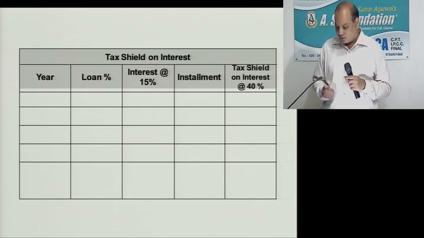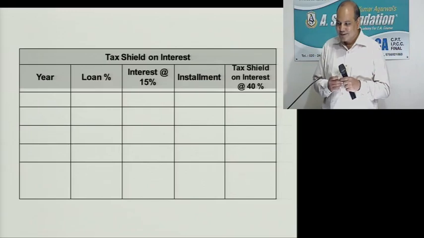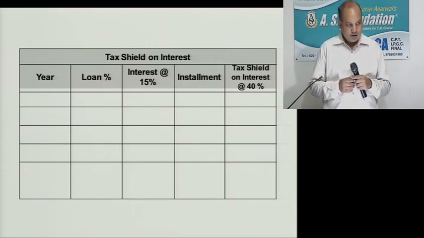Hence this table. First column heading: tax shield on interest, working note 1, please write. Next, year. Loan outstanding.